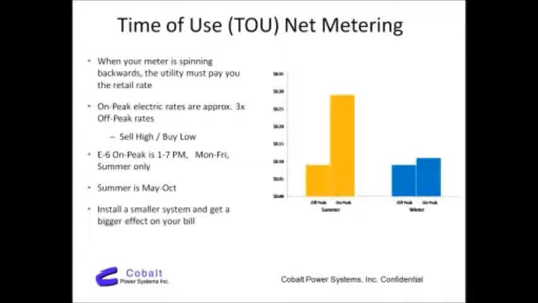In the summertime, defined as May through October in PG&E lingo, you can select a rate schedule where during the peak time, which is 1 to 7, Monday through Friday, you pay an exorbitant amount for electricity. And then during the off-peak time, which is all the other times, you get really cheap electricity.